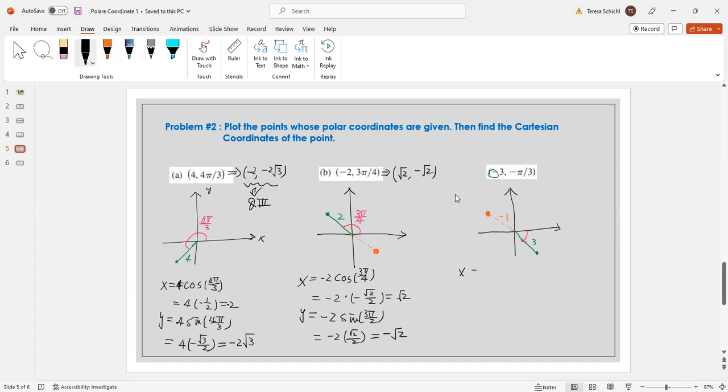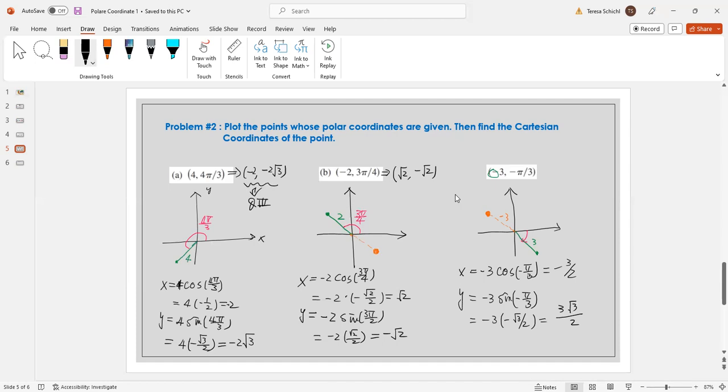So let's see, x equals negative 3 cosine of negative pi over 3, right? The cosine of negative pi over 3 is 1/2. So this is negative 3/2. Then y is negative 3 sine of negative pi over 3. The sine gives negative square root of 3 over 2, so this will give me positive 3 square root of 3 over 2.